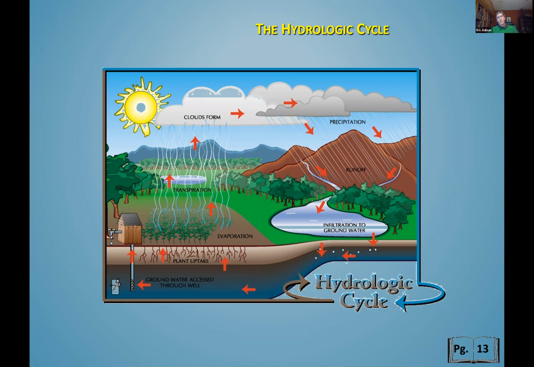Some of it will be soaked into the ground and recharge groundwater. And some of it may just evaporate off the surface of lakes or rivers or the sea. So there's this continuous cycle of it falls, it gets used, it evaporates or moves back up by transpiration. They call it evapotranspiration, that process of water going back up into the sky. So essentially, water's never created, it just moves throughout these different cycles.